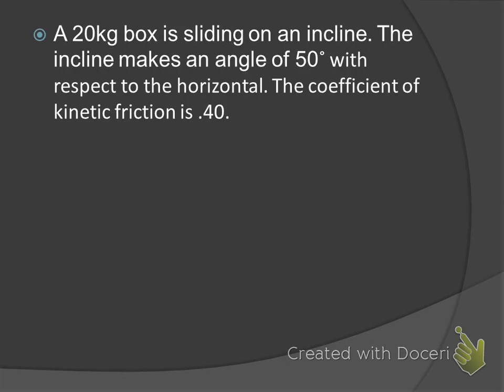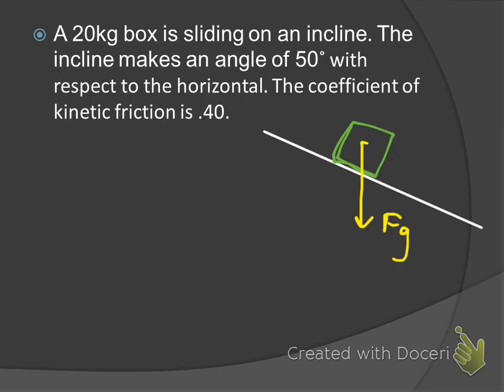So I got rid of the steps so I had a little bit more room to write, and I'm going to go ahead and get my free body diagram drawn so that you can see what we're working with here. We've got our force due to gravity. We've got a normal force.